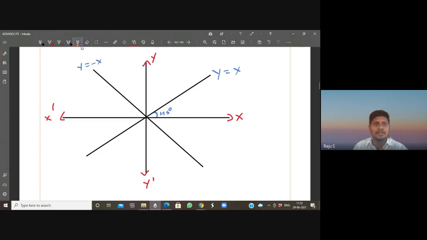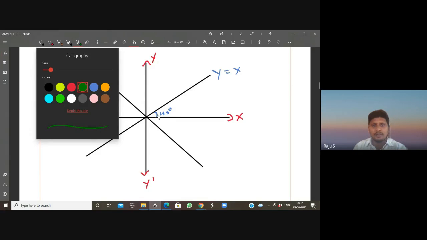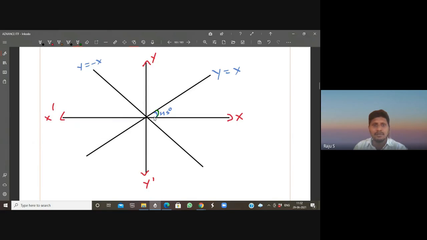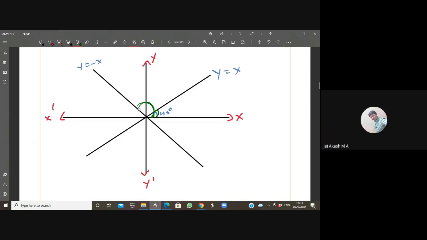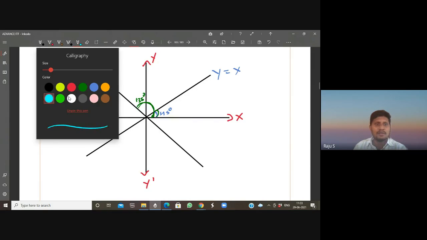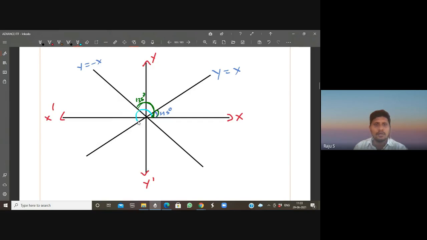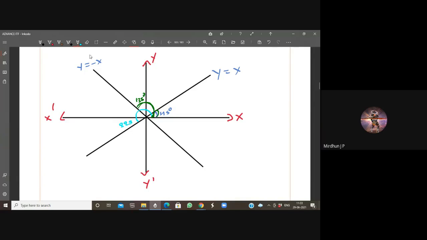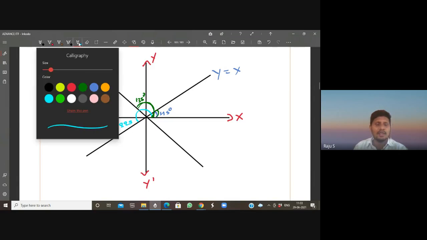See here, students, what angles can it make? This is 45. What about this angle from the x-axis? 135. Very good. The angle is totally 135 degrees. Then what about this angle, from here to here? It is 225. Other angle?